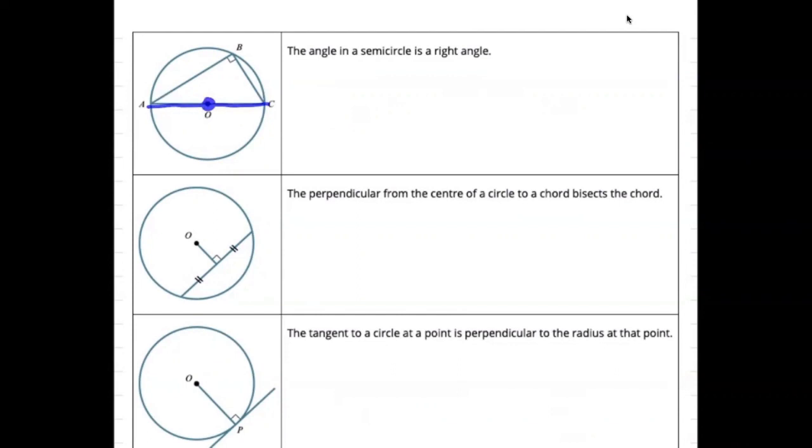Yes, sir. And if there is an angle being made in the semicircle, because the diameter divides the circle in two parts, that angle is always going to be 90 degrees, which means that triangle ABC is going to be a right angle triangle. Does this make sense?